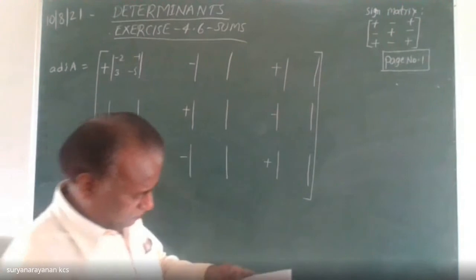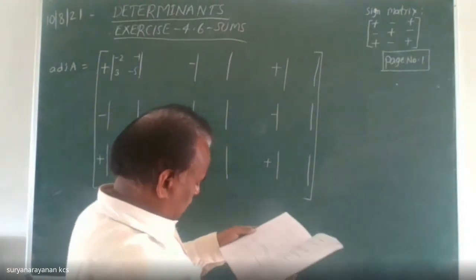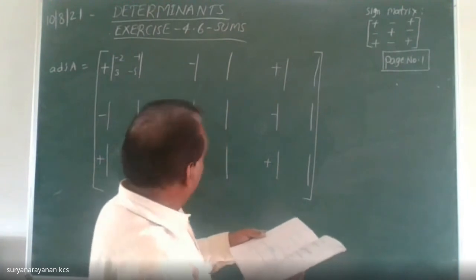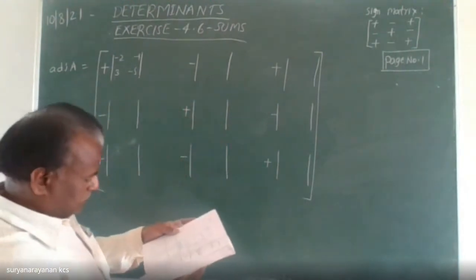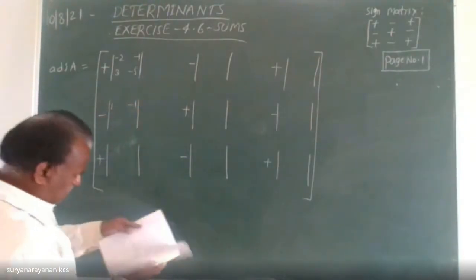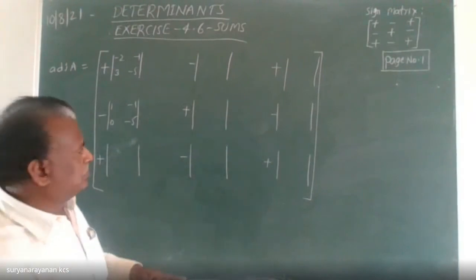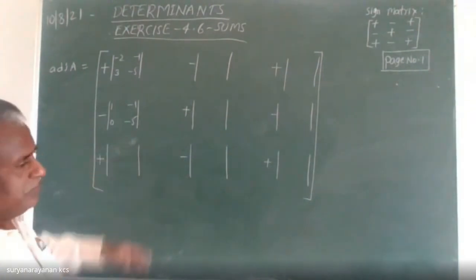Now tell me the second one: 2, 1, 1, minus 1, and 0 and -5. Okay, now the third element.